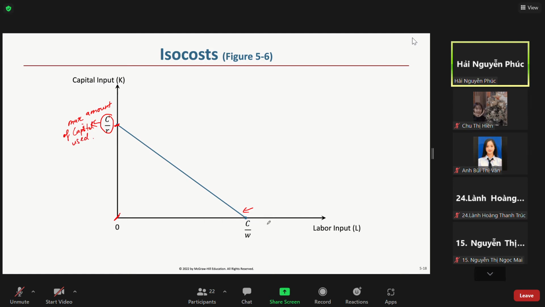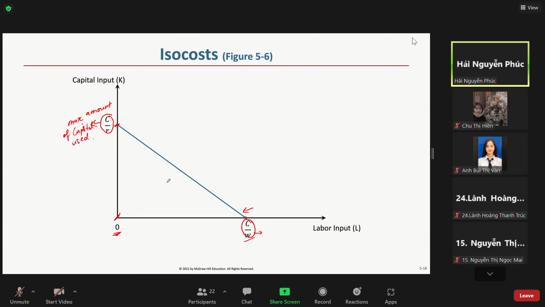Similarly, if you look at the intercept of the x-axis, C divided by W, it tells us that when K is equal to 0, all the money would be spent on the labor input. C divided by W is the maximum amount of labor input to be used in production.